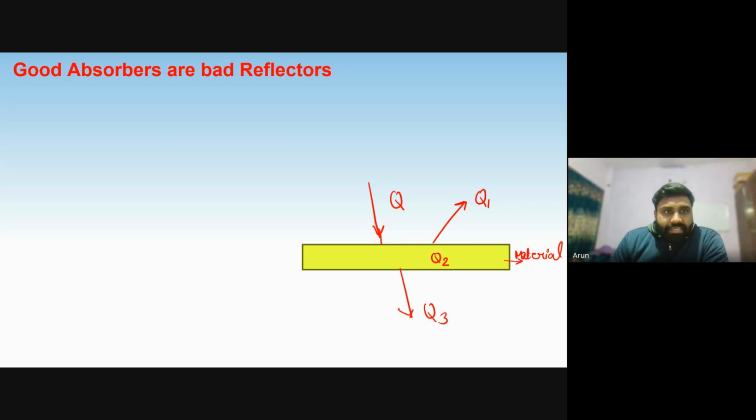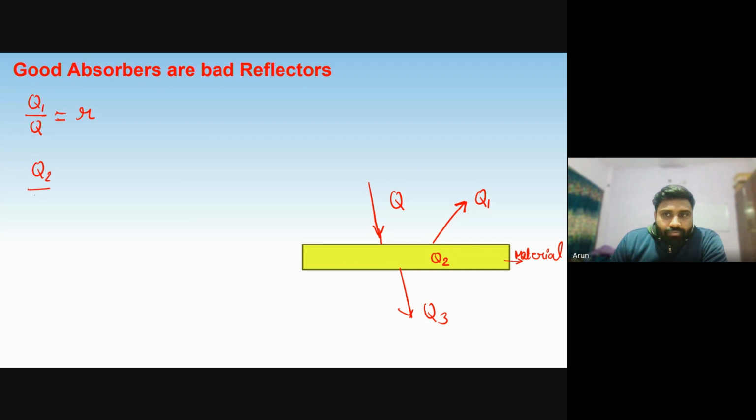Based on that, we will study three terms. Q1 upon Q, the reflected amount of heat divided by the total amount of heat, is called small r.